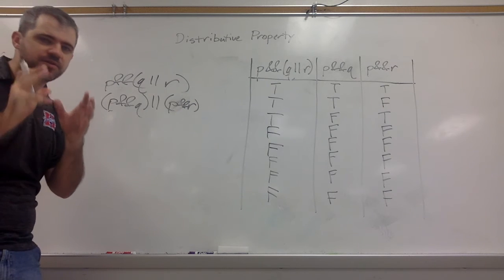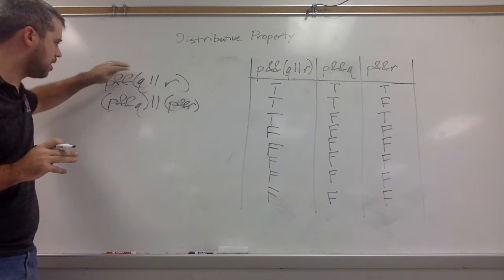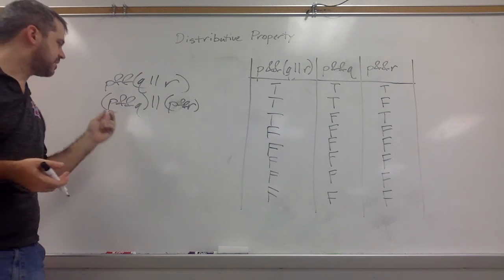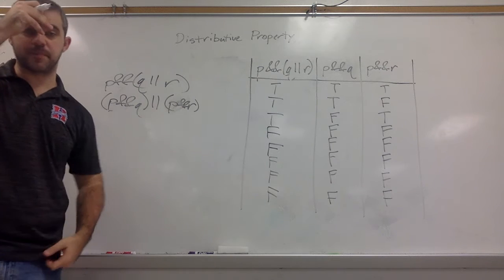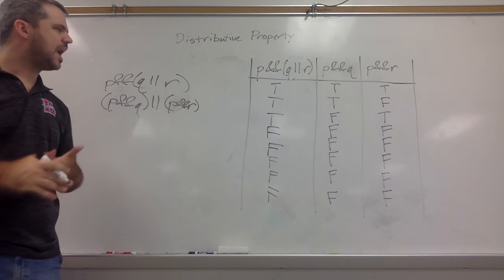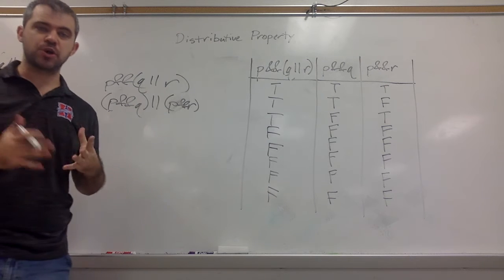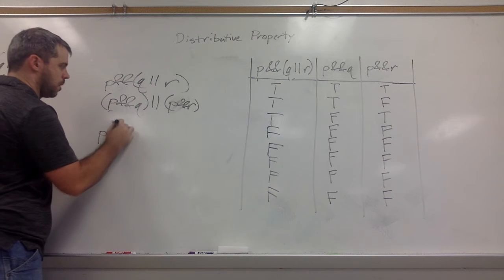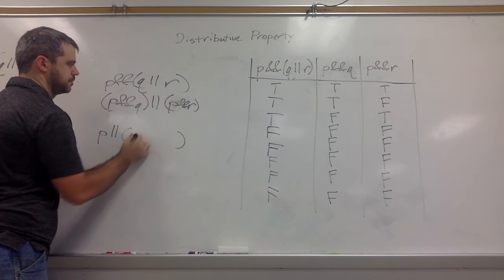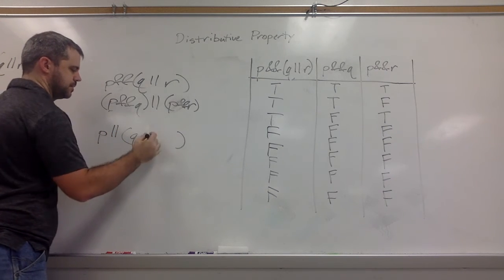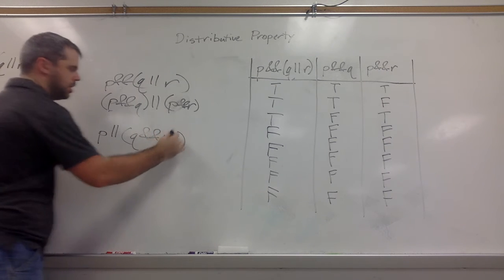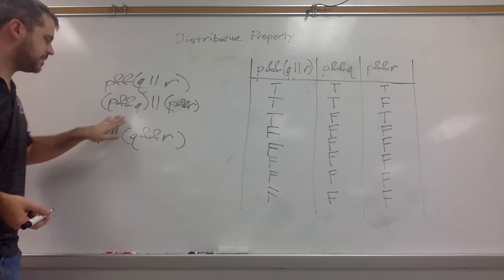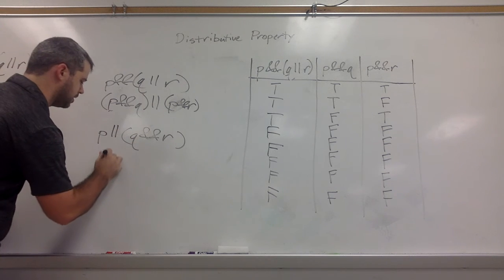So you can kind of see we're distributing our P and into both parts there. That's why we call this the distributive property. Okay. I'm not going to show you the truth tables on the other one, but there is a similar property for or, where you're distributing or into and. So if you're distributing or into and, the same thing winds up happening here.